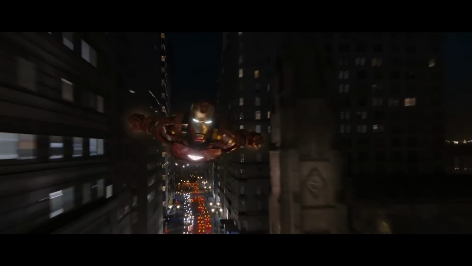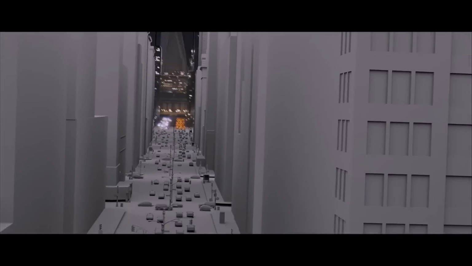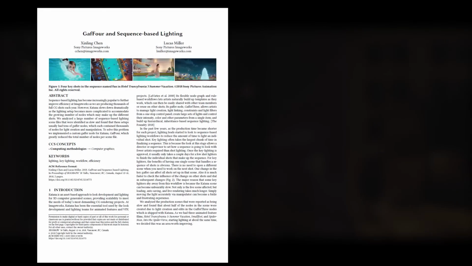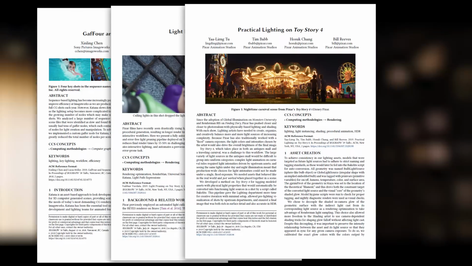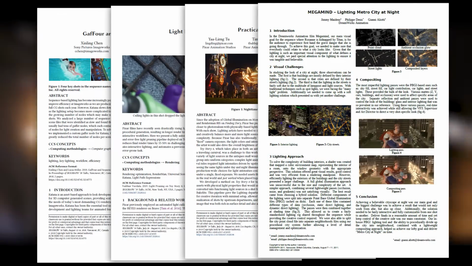I was also doing a lot of research at this point to see how other studios have tackled these challenges in the past, and I found a few articles and videos from Sony Pictures, DreamWorks, ILM, and Pixar that helped me quite a lot to better plan and execute my project.